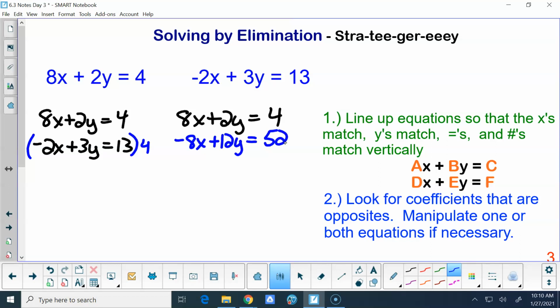And now what I've done is I have the same number as the coefficient of my x term. They're both 8s. One's positive 8, one's negative 8. And that's what I want. Sometimes you might have to multiply both equations. Sometimes you might not have to multiply either equation. It's automatically set up for you.